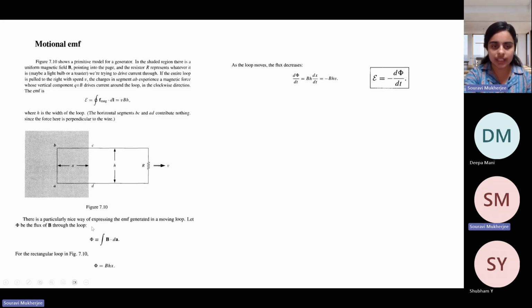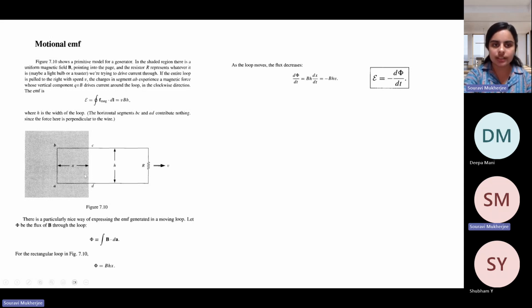And now there's another nice way of expressing EMF, which gives us another physical interpretation of EMF, right? Suppose you want to find the flux that is linked to this loop, what will that be? Flux means how many field lines are crossing your area, right? Now this is the only region where you have field, the only common region between the loop and the field.